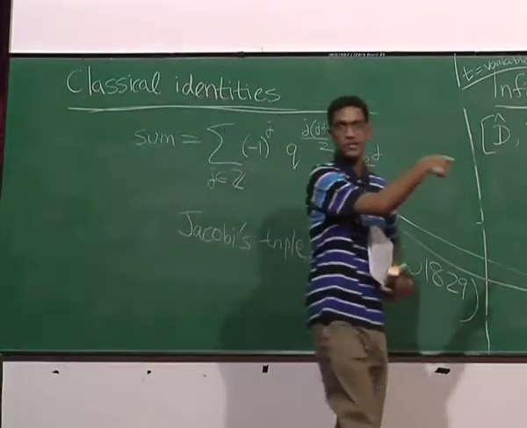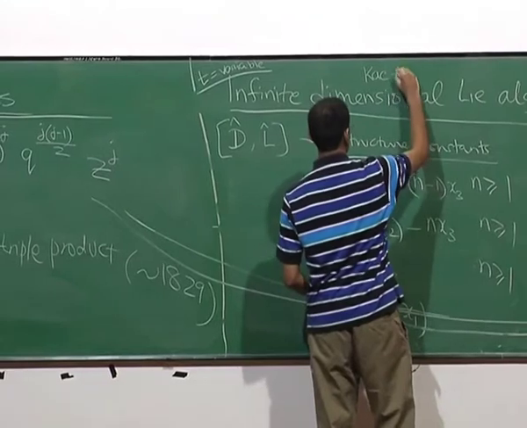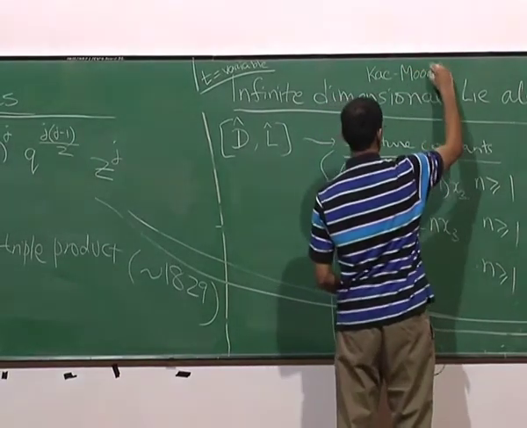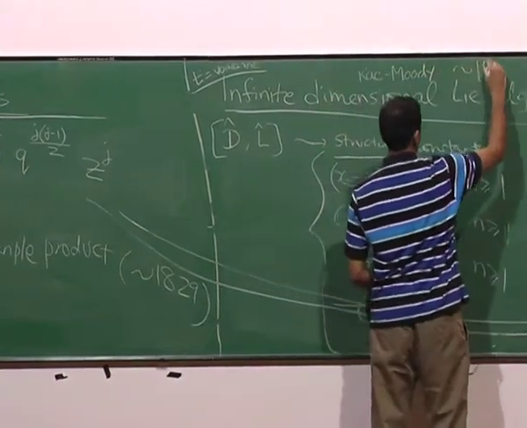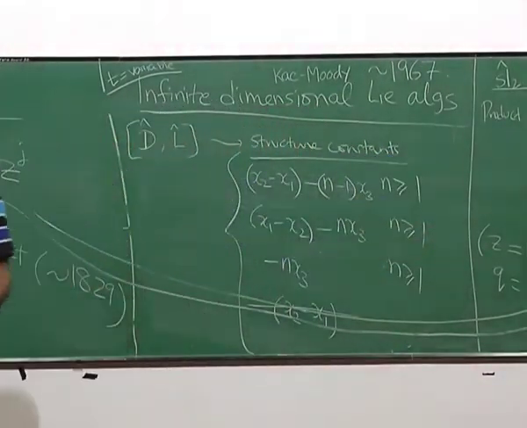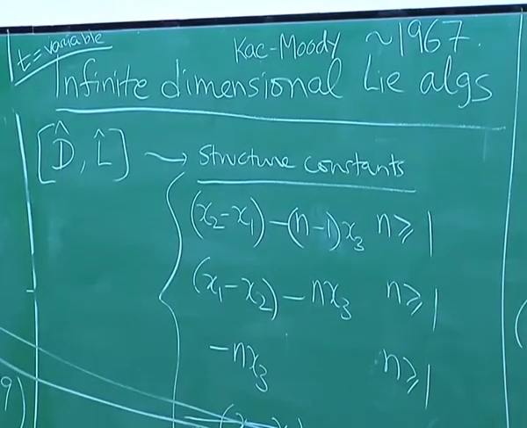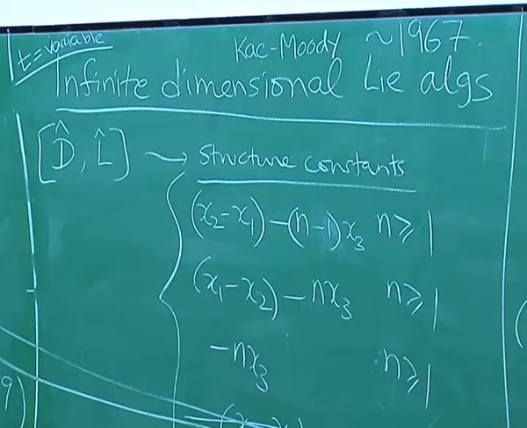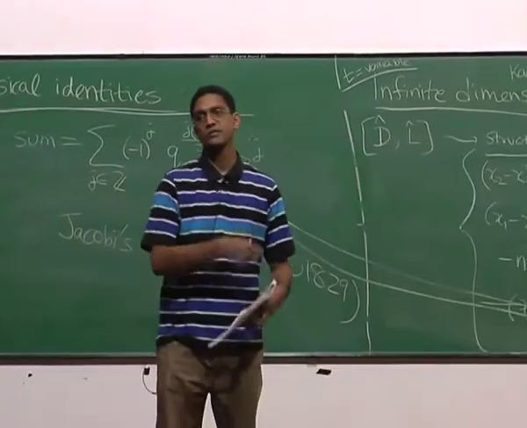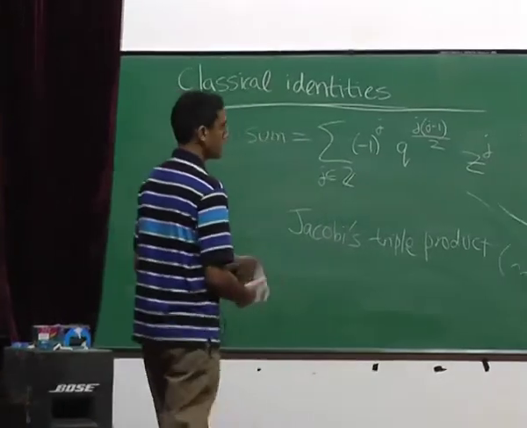Now the Lie algebras that I am talking about, these infinite dimensional Lie algebras, are of more modern origin. They are called Kac-Moody Lie algebras, which were discovered around 1967. So the Lie algebras are a more modern discovery, whereas the identity which came from, at least in this example, if you take this Lie algebra SL2 and unravel what its identity looks like, you get something that was discovered by Jacobi back in 1829.